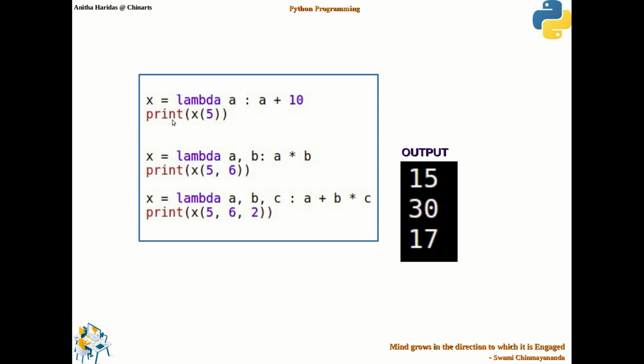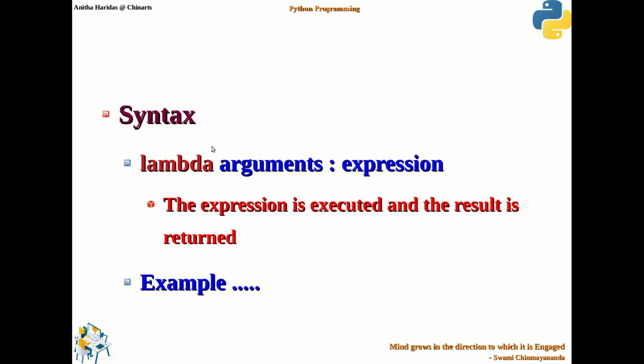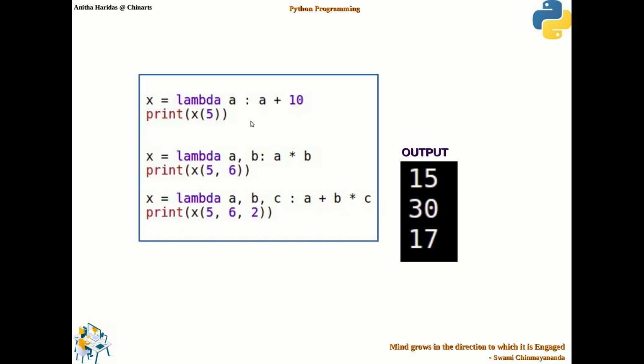You can observe, I am going to declare a function lambda. I pass the argument, that is the format, right? Lambda, then arguments, then expression. So you have lambda and I am passing only one argument a, and I am going to add value 10 to a.